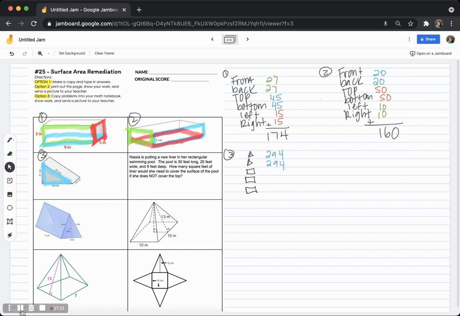Then I have 3 rectangles. So the bottom rectangle would be 28 by 14. So 28 times 14 gives me an area of 392.